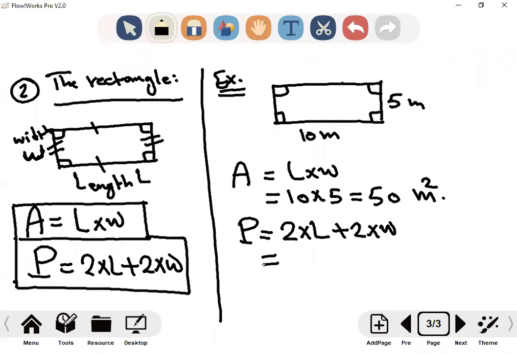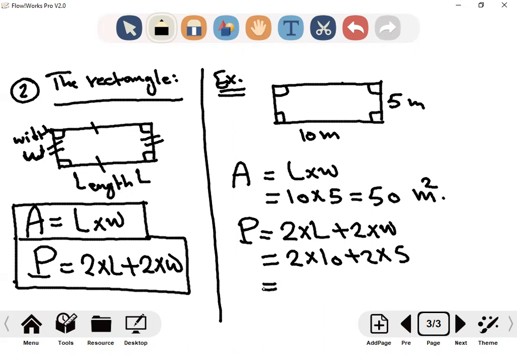What I will write? Tell me the numbers. 2 multiply 10 plus 2 multiply 5. Now, in order of operations, we multiply then add, right?